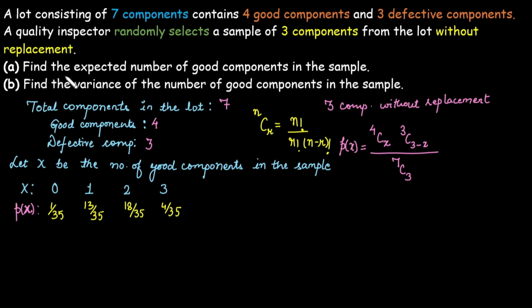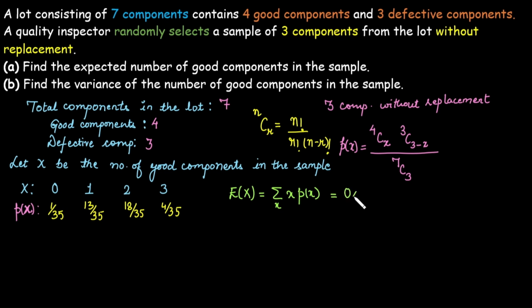Now we can easily evaluate the expected number of good components in a sample space. Here we have the probability distribution function and the random variable values, so we can calculate the expected value of x. What is the formula in a discrete random variable? That is the summation of x into the corresponding probabilities. So the first random variable value is 0.